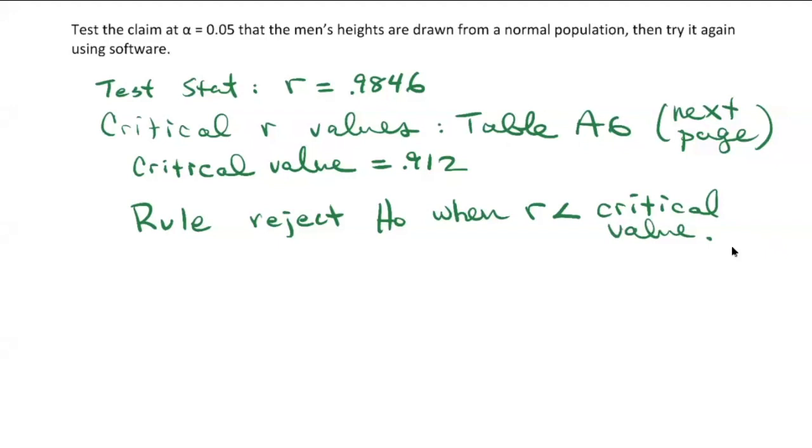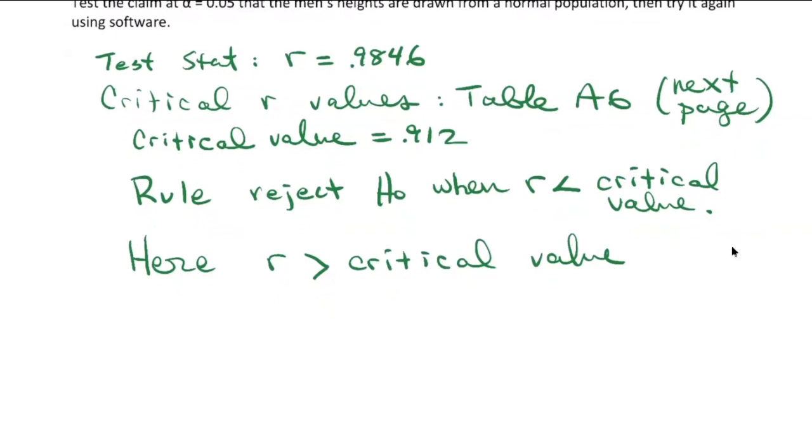So here, R is greater than the critical value. Okay, which means we fail to reject the null hypothesis, which says that the data are from a normal population.